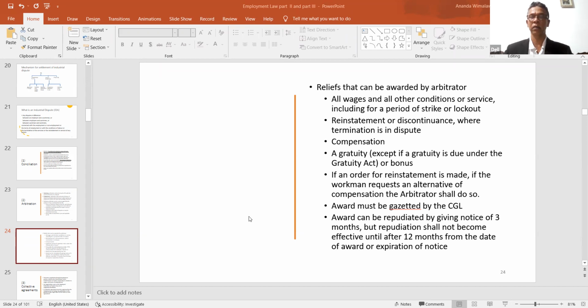Award can be repudiated, by giving notice. Notice of 3 months.